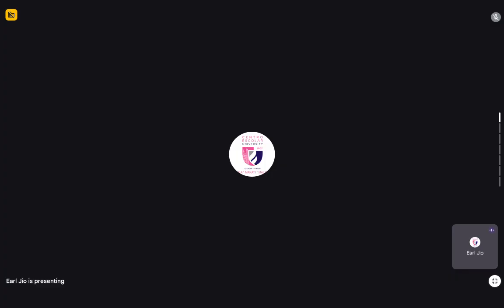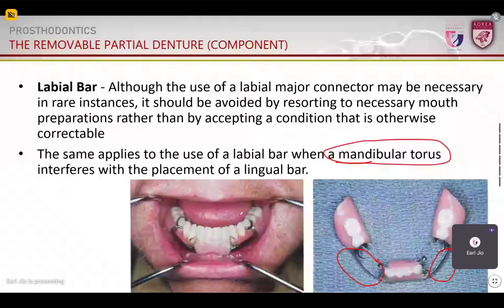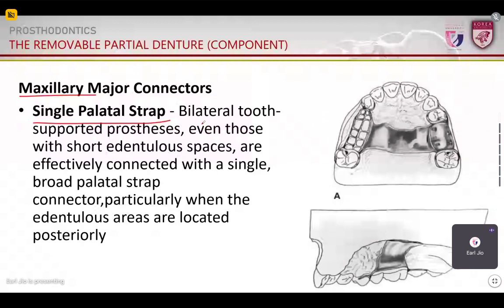Maxillary major connector, upper arch naman tayo. So first is a single palatal strap, for bilateral tooth-supported prostheses. Even those with short edentulous spaces are effectively connected with a single broad palatal strap. So it says here, bilateral tooth-supported or tooth-bounded cases only, particularly when the edentulous areas are located posteriorly.